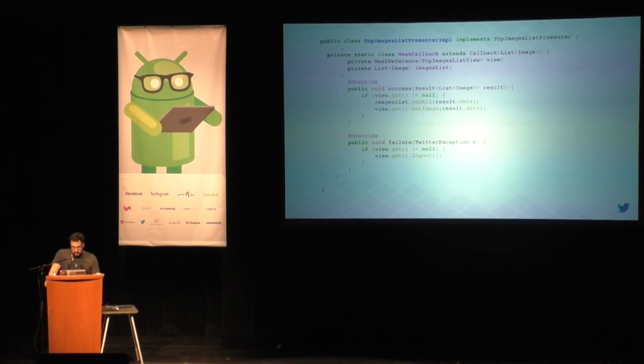So that's what we have. I implemented a weak callback. There is a better way to do this without the callback that I will explain at the end of the talk. But this is good enough. This will stop the memory leak. Of course, you have to do some if null, don't do anything. But that's better than leaking memory.